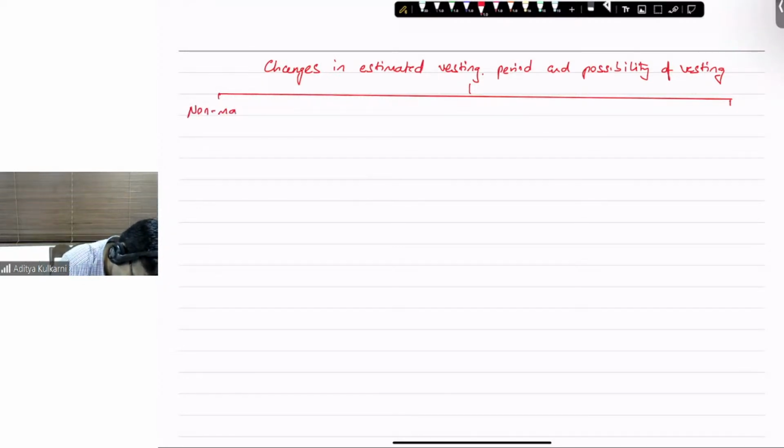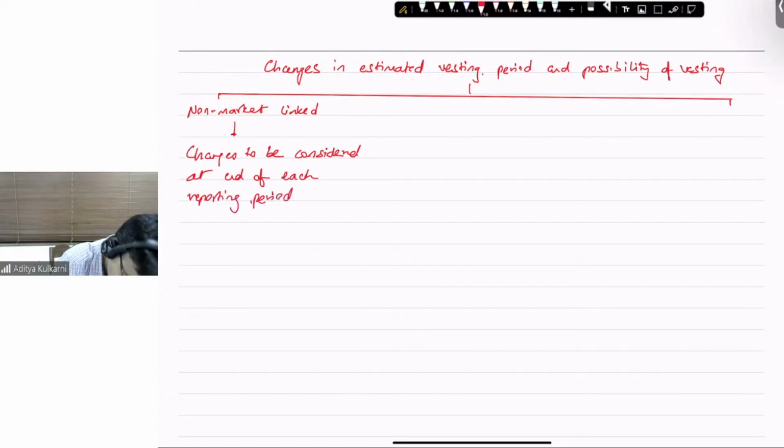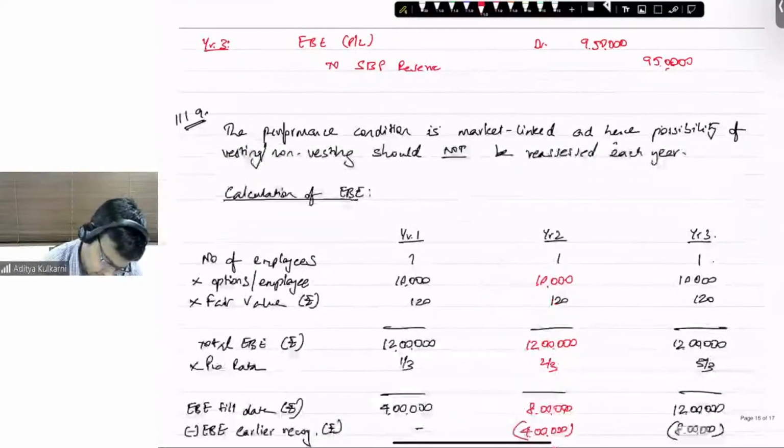Non-market linked: should you consider them? Answer is obviously yes, we saw that in 3,16,000, minus 3,16,000 and then 9,50,000. So changes are to be considered at the end of each reporting period. You can refer to that 3,16,000 question.